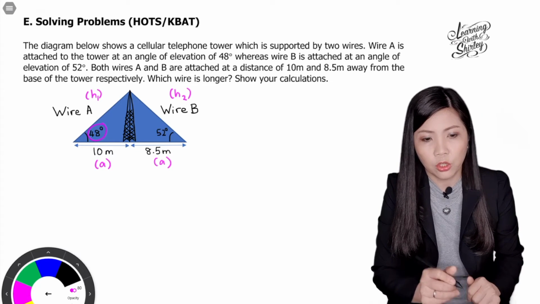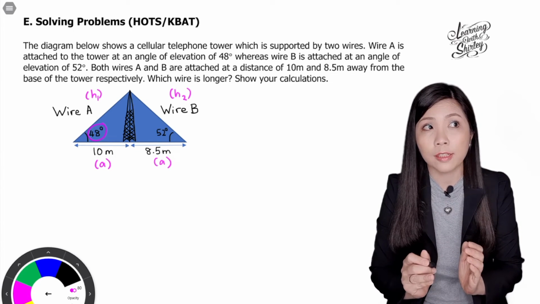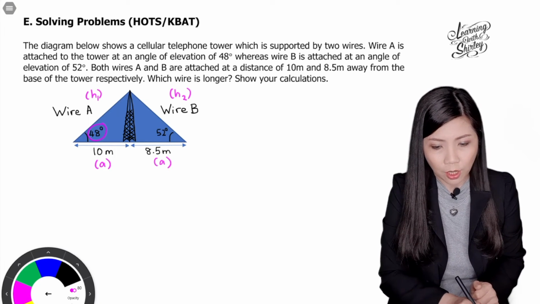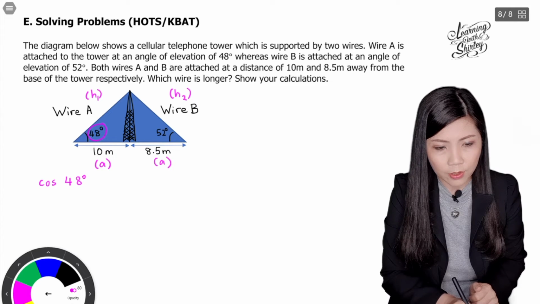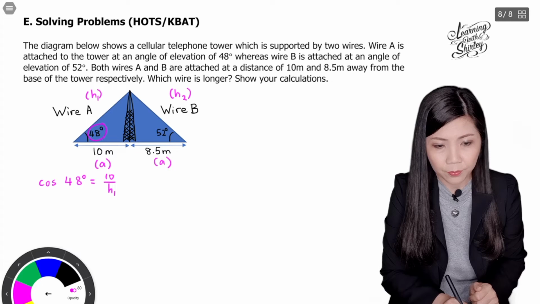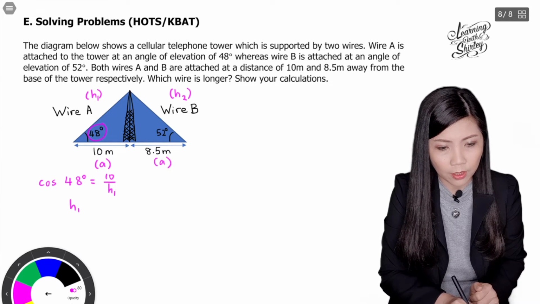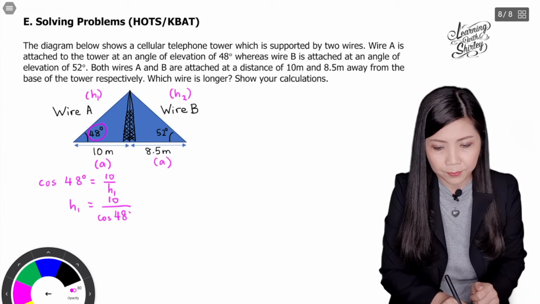A over H, which formula, sine, cos, or tangent, has A over H? Cos, right? So I'm going to use cos. So cos 48 degrees equals CAH, which is 10 over H1. So H1 equals 10 divided by cos 48 degrees.